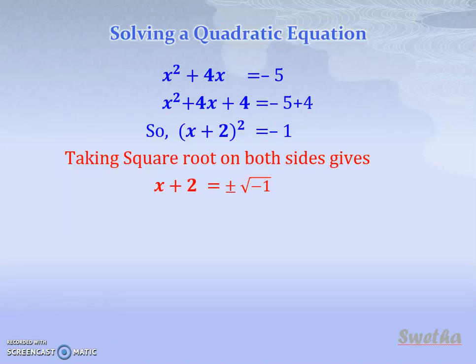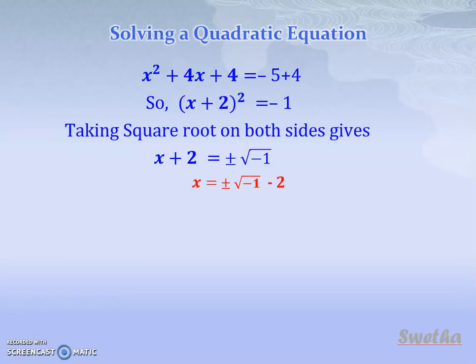And we would take the root of both sides, which would give us x plus 2 is equal to plus or minus the root of negative 1. You would always have to remember the plus or minus, because when you take a root of something, it will be plus or minus, which would get us x equals negative 2 plus or minus the root of negative 1, and that would equal x is equal to negative 2 plus i, or x is equal to negative 2 minus i.